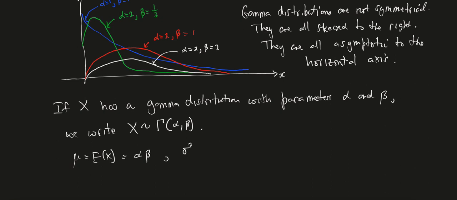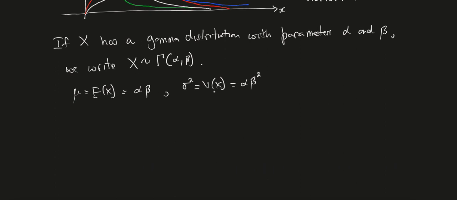And your variance is equally easy. It's alpha times beta squared, right? These are results where it would be interesting to look at the math that goes into it, but we're not really going to gain much from going through the integration by parts. All right. So let's do an example.